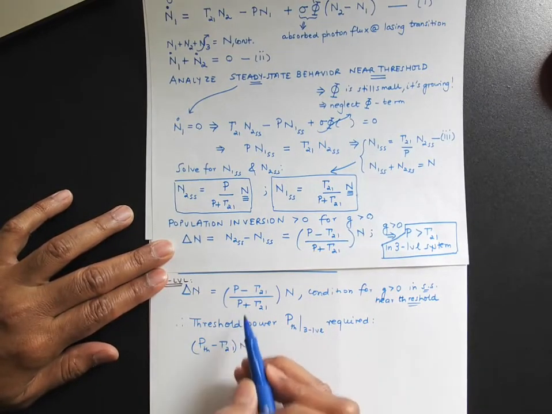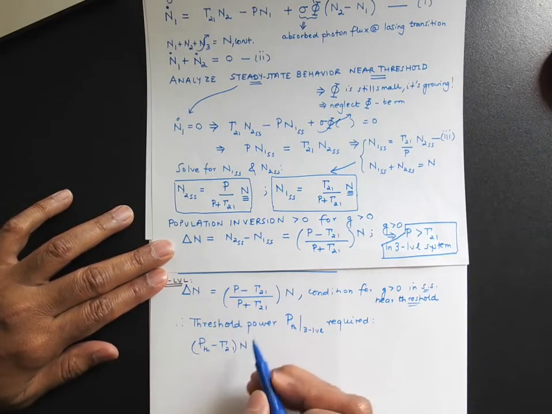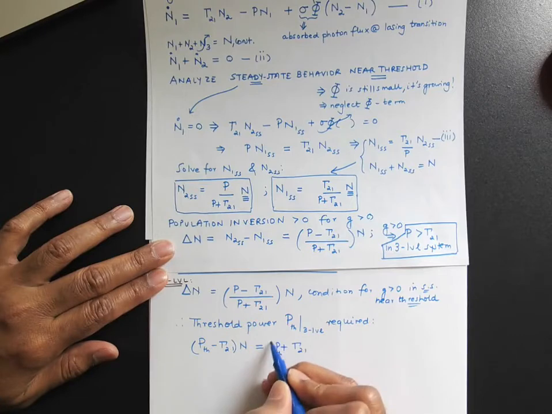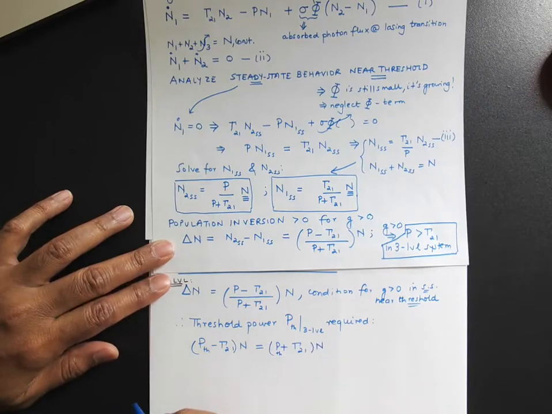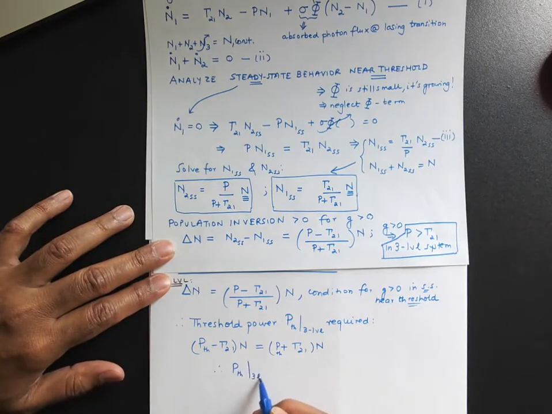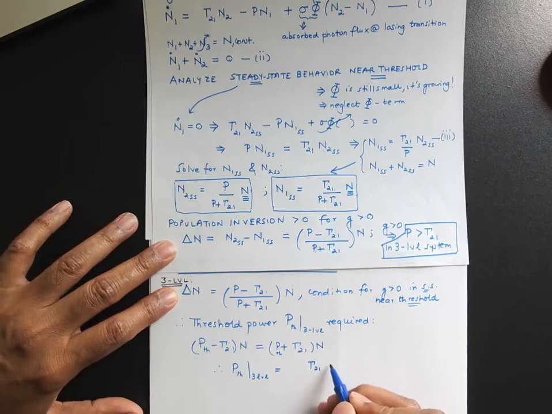So at threshold this is an equality, and what I have is this is equal to P threshold plus gamma 21 n. And so I can solve for P threshold, 3-level.